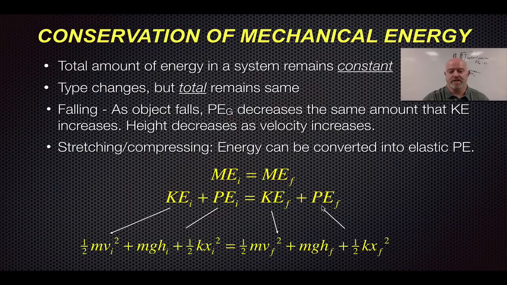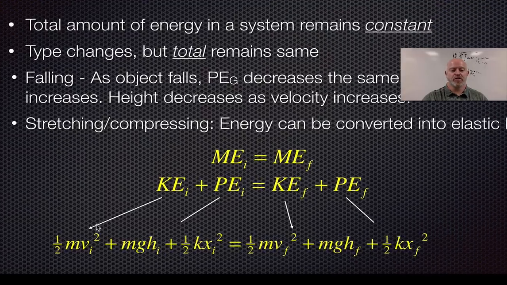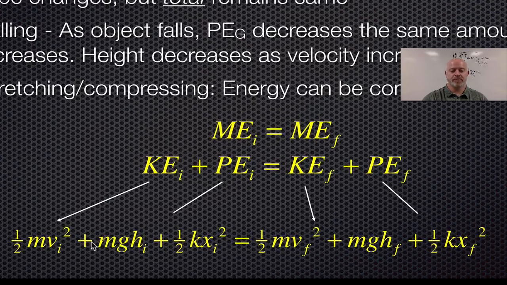Which means, and here's where it gets really fun, breaking it down across the board, that your kinetic energy initial plus your gravitational potential energy initial plus your compression or potential energy of elasticity initial has to equal all your finals, okay?